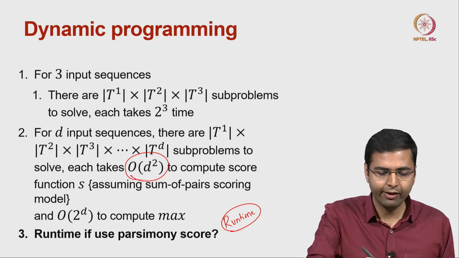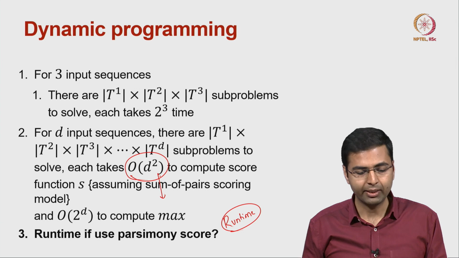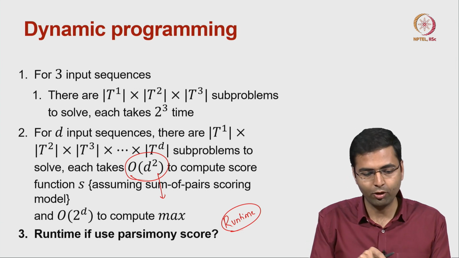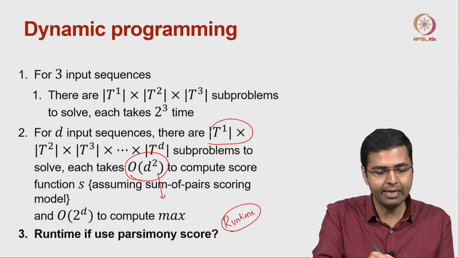So when you solve this exercise, you will find that this time should reduce, but the other factors will remain the same, because the recursion will remain the same, and we still have these many sub problems to solve.